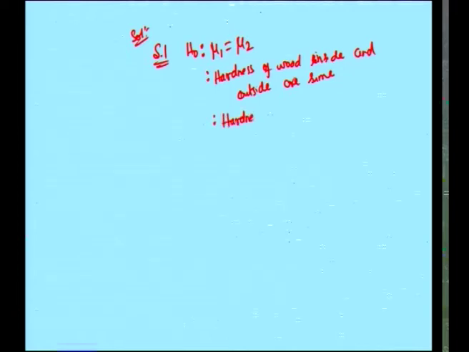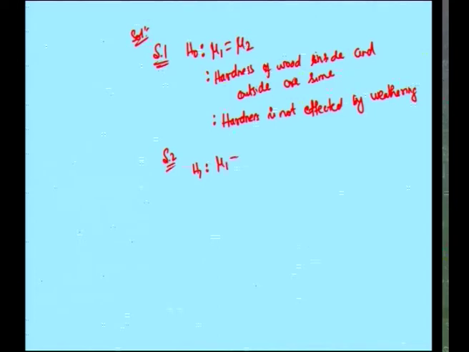Hardness is not affected by weathering. This is the statement corresponding to H naught. Next, step 2, H1 will be mu1 not equal to mu2. So, the corresponding statement is hardness is affected by weathering.